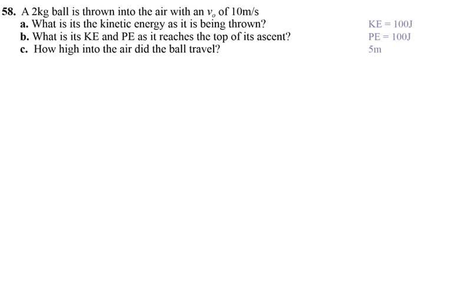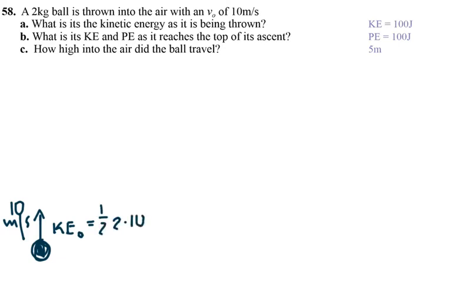So for number 58, very similar question. In this case, again, we have a ball. Its initial velocity is 10 meters per second. That means it has initial kinetic energy equal to 1/2 the mass and v squared.